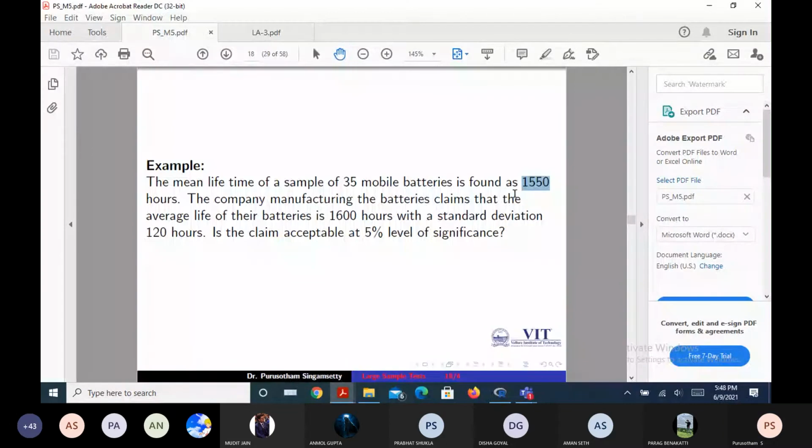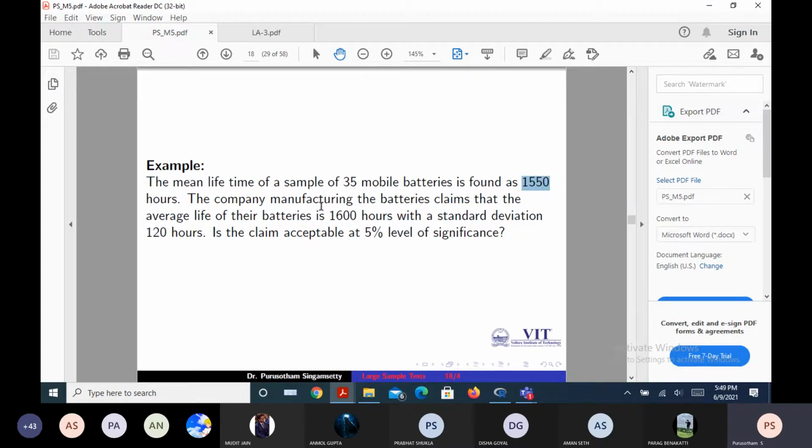Now the sample mean is observed as 1550 hours, but the company is claiming that on an average, their mobile batteries may last for 1600 hours. So the company is producing a lot of batteries.